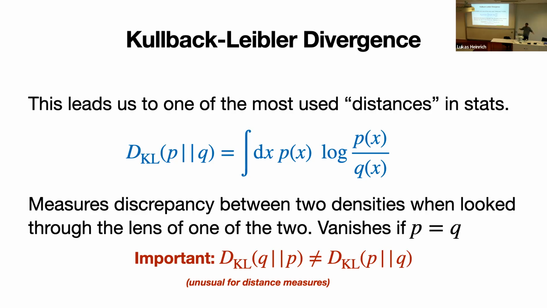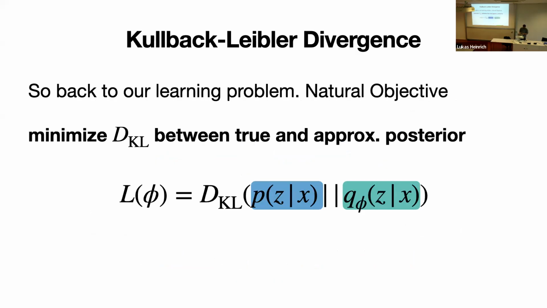If you're like Shaq, you have huge hands, and then a lot of things are close to you. So it really depends on the variance of this base distribution whether something is close or far from you. Okay, so this is KL divergence, one of the most used distances in statistics, so make sure you understand it correctly.